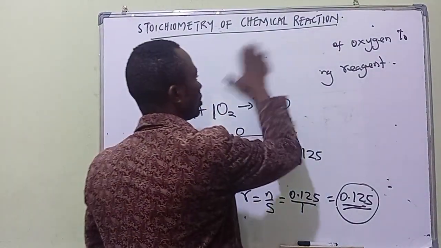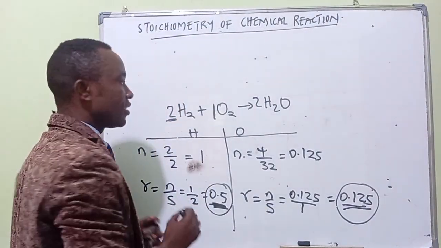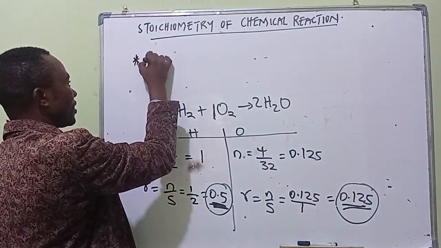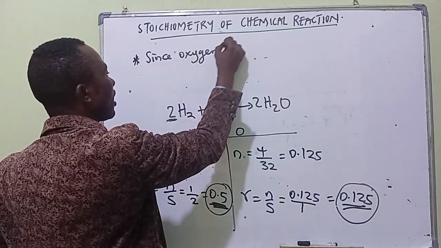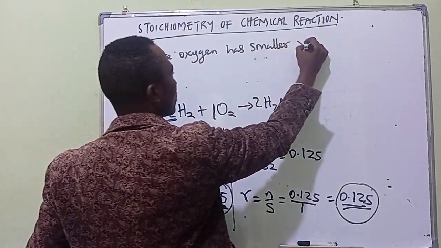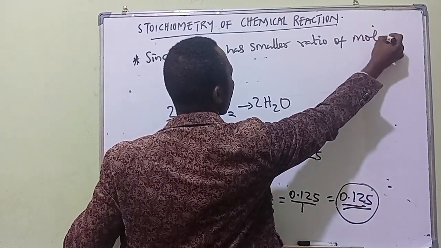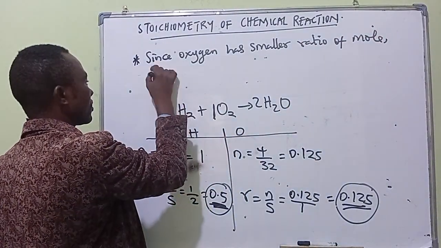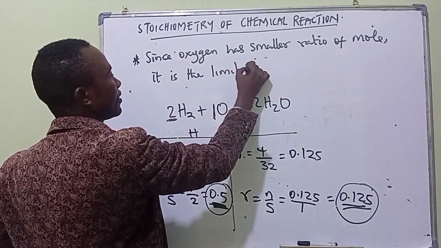Now, since oxygen has smaller ratio of mole, it is the limiting reagent. So we can say that since oxygen has smaller ratio of mole, it is the limiting reagent.